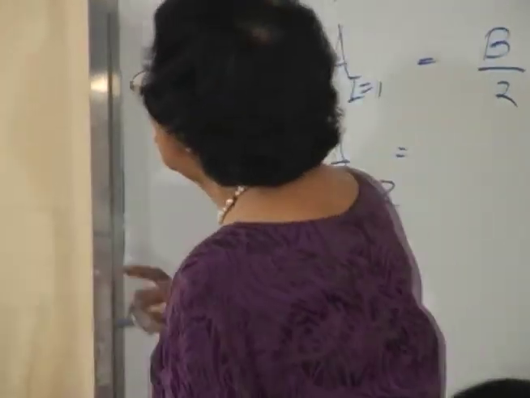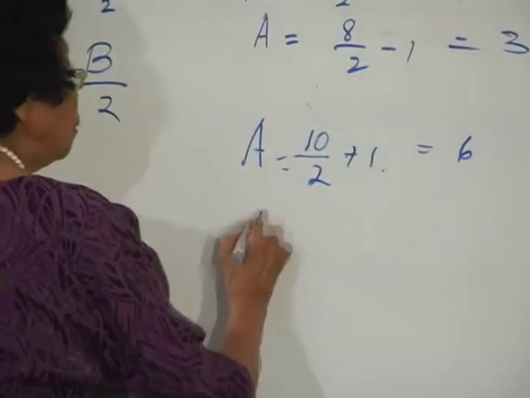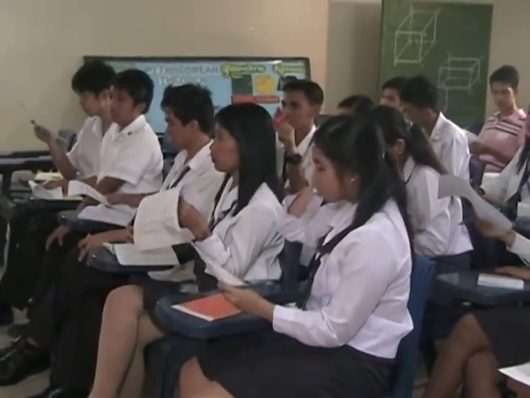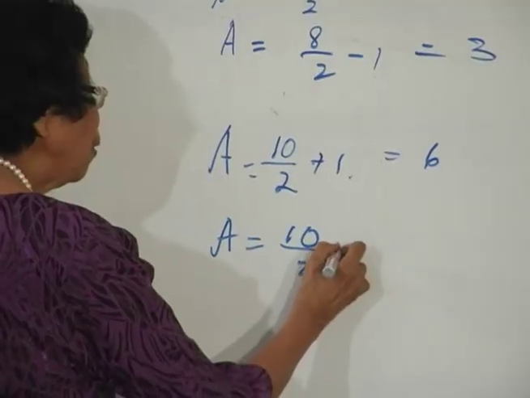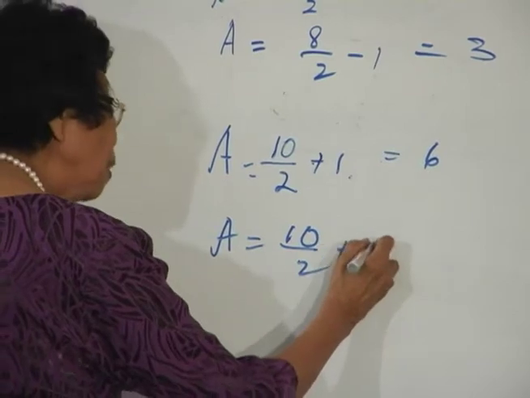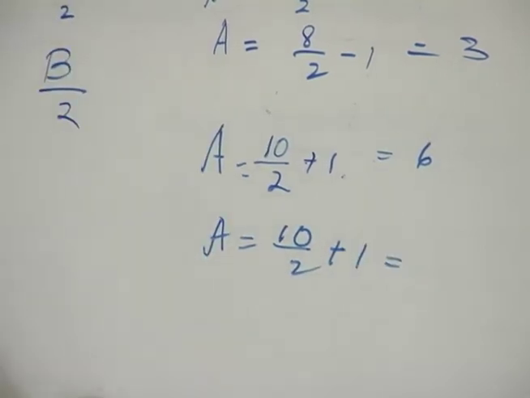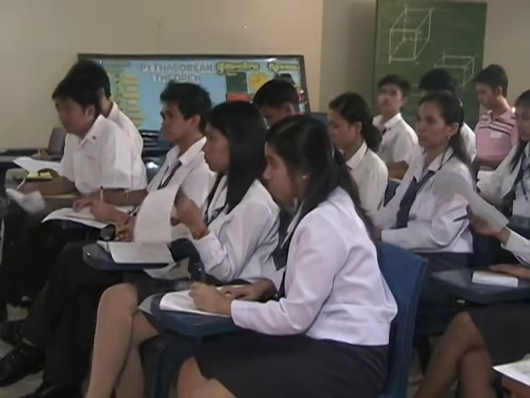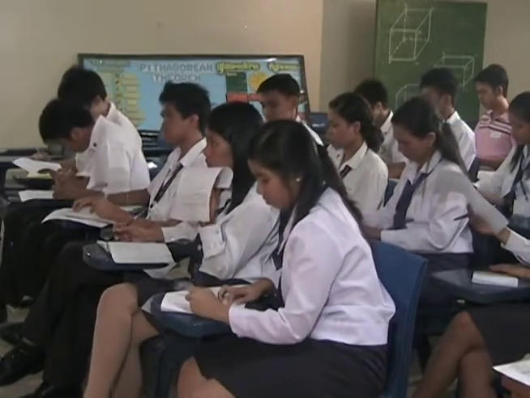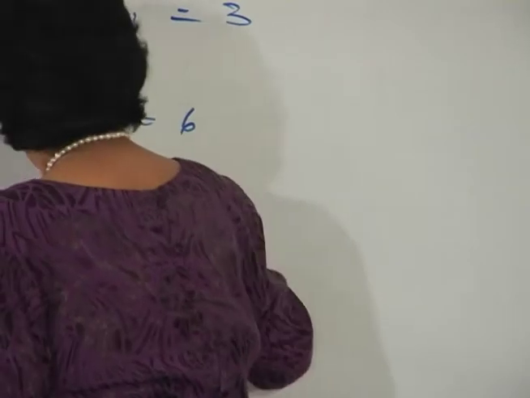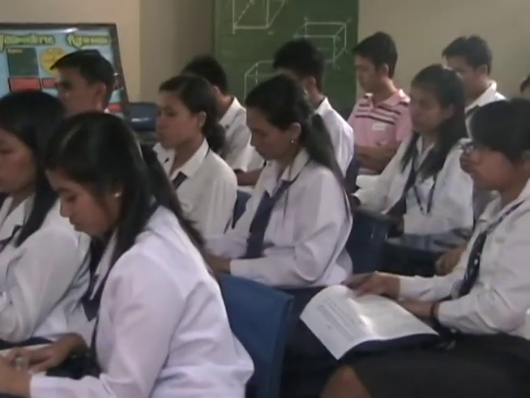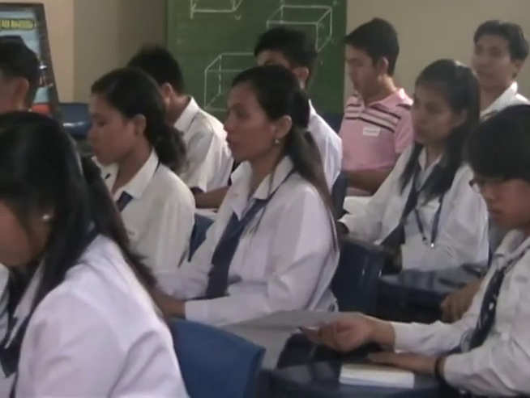The wind has changed direction. How about number 15? How many in the boundary? 10. Over 2? 6 still? Same. Let's go to another one. How about this? 16. How many in the boundary? 11, okay, plus 1 equals?